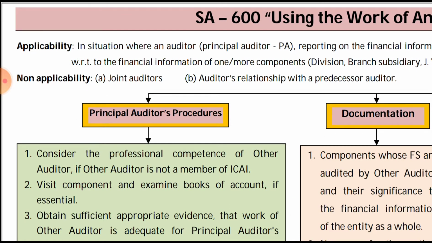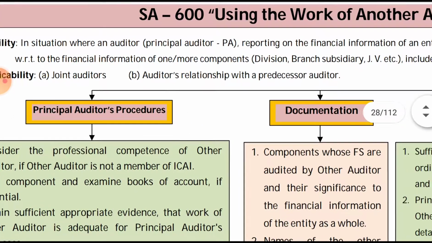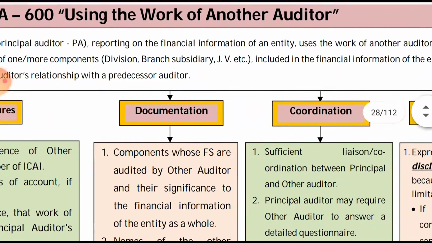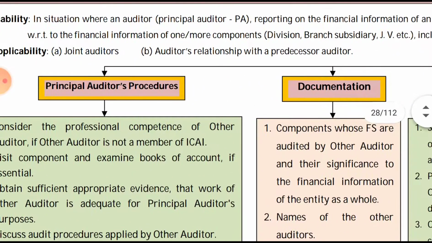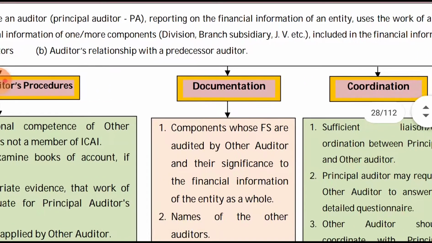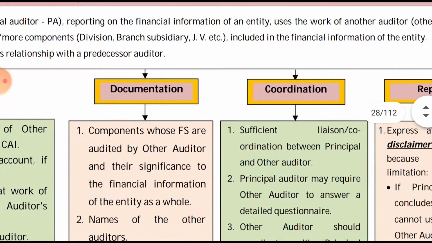So this standard is applicable in a situation where the principal auditor, that is the auditor reporting on the financial information of an entity, uses the work of another auditor, that is the component auditor, with respect to the financial information of one or more of the components, such as a division, branch, subsidiary or joint venture, included in the financial information of the entity.